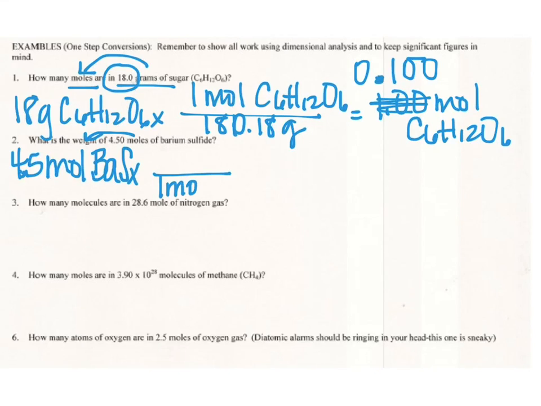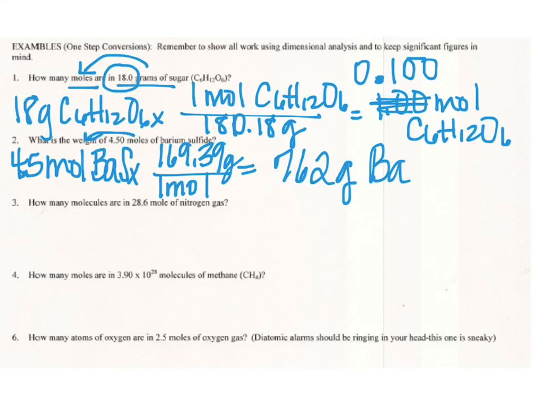What is the mass of 1 mole of barium sulfide? 169.39. We multiply those two into 3 sig figs. What do we get as our answer? 762 grams of barium sulfide.